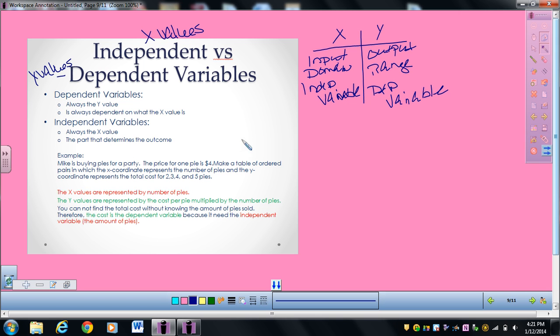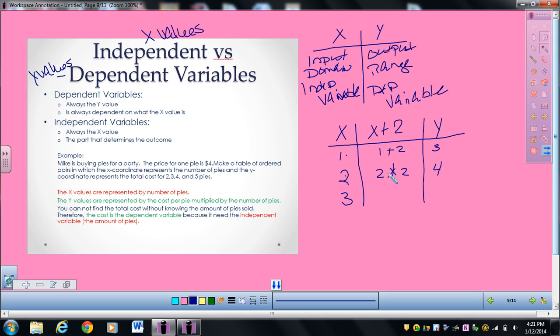Okay. So remember the other day when we did the function tables, and we had our x values here and our y values here, and we said if x is 1 and x is 2 and x is 3, and the equation is x plus 2, if we substitute that in, 1 plus 2, we would get a y value. And if we substituted this x in here for the equation, we would get a y value. Sorry, that should be plus.